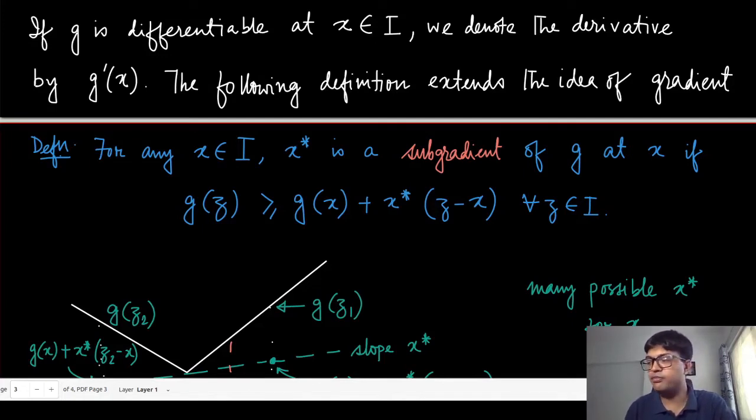So how is the subgradient defined? It is defined formally in this way, but before going into the formal definition, let's look at what this is actually saying. Let's look at a very specific point x, and we go to a different point z in its domain.